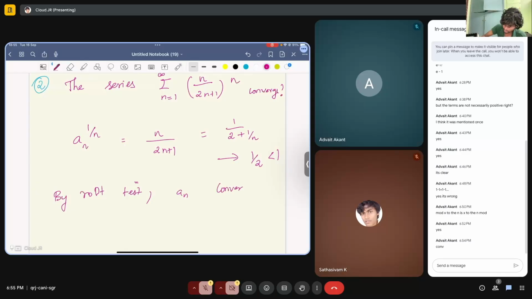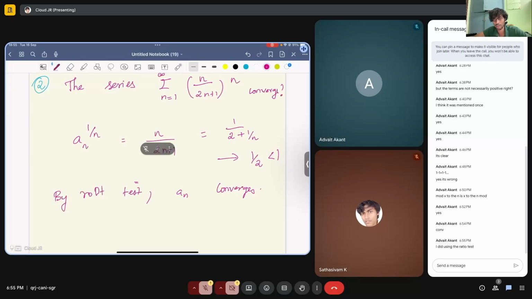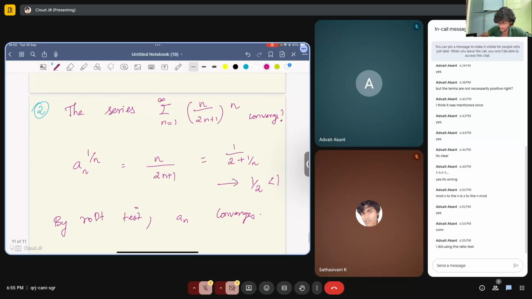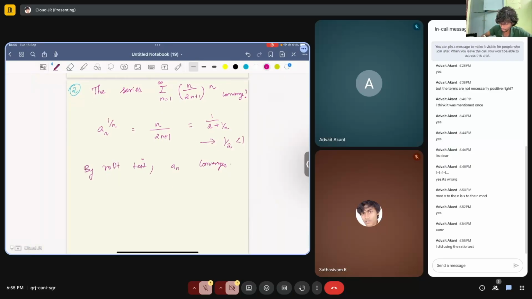Okay, so I did it using the root test. Maybe we'll try the ratio test also and see. I feel the root test was easy, but let's try the ratio test.